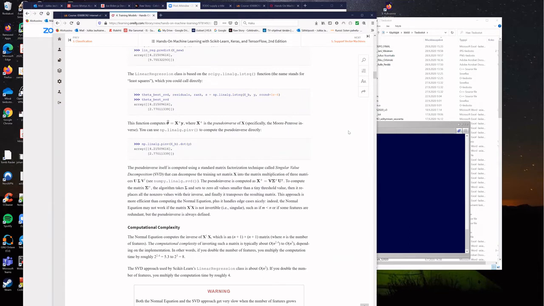There is such complicated math. For example, I didn't know about the pseudo inverse of x. I studied linear algebra at the university a very long time ago, but I didn't know about that. So let's skip it.